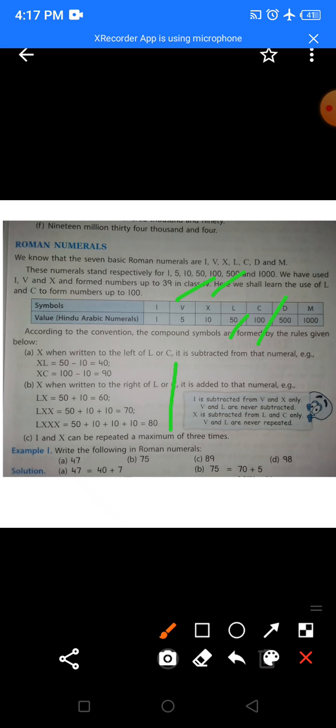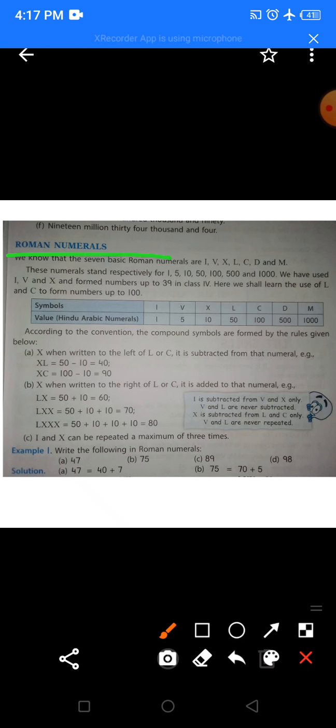You cannot write like this. ये आप subtract नहीं कर सकते, यानी 500 से 10 जो है वो subtract नहीं कर सकते हो आप. Okay, and then again 5 and 50 are never repeated. This cannot be repeated. Okay, so these all points, यानी 1 2 3 4 5 6 7 7 points should be written along with this.